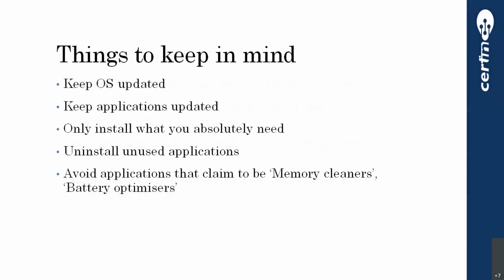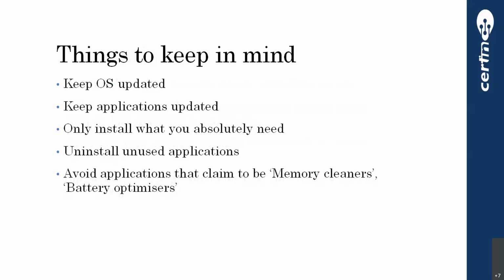So some other basic best practices, pretty much just like the previous session, keeping the operating system updated. On Android, you will receive updates from whatever OEM has given the device. But on iOS, you will receive updates directly from Apple. Apple as a company is more frequent and more long term when it comes to supplying security updates to the devices.